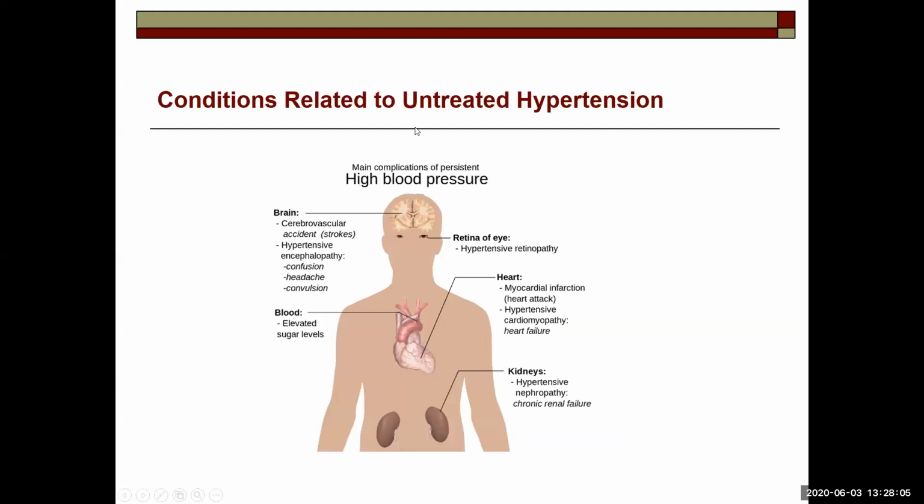These are conditions you can get if you have high blood pressure: brain, CVAs, retina, myocardial, heart, elevated blood sugar, kidneys again. You can get any of these diseases if you are not treating your hypertension.